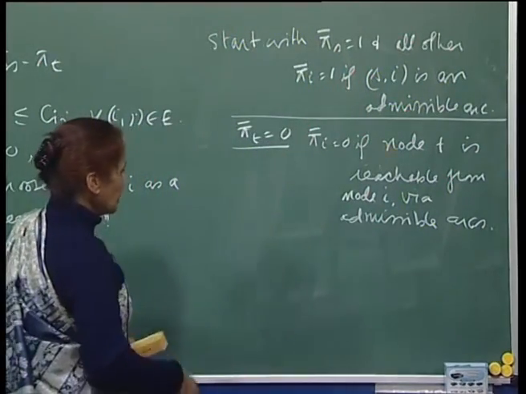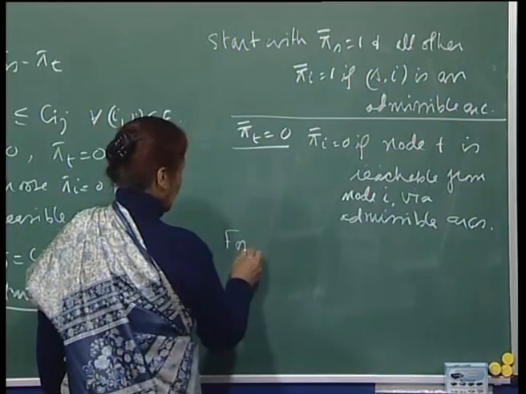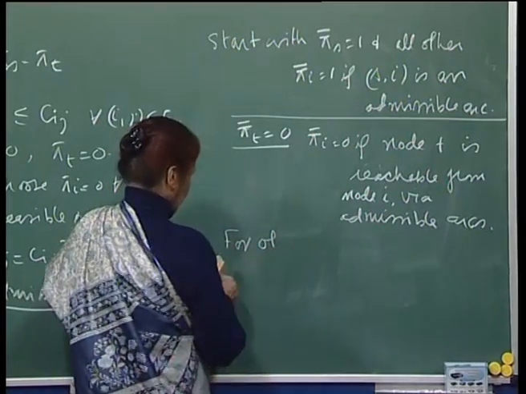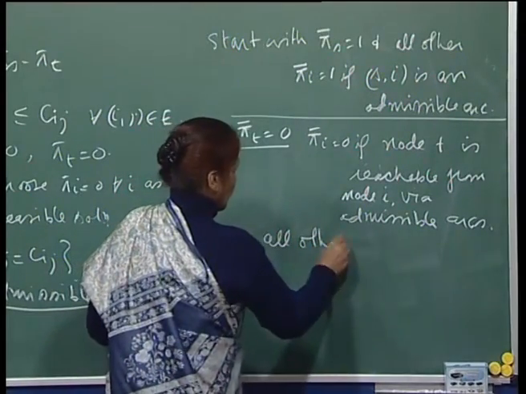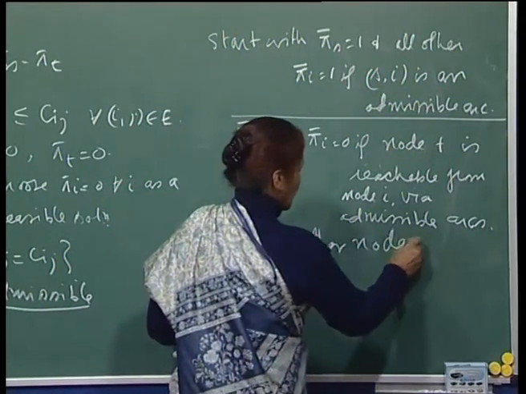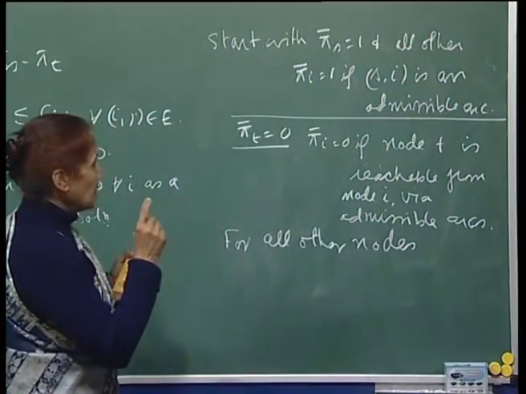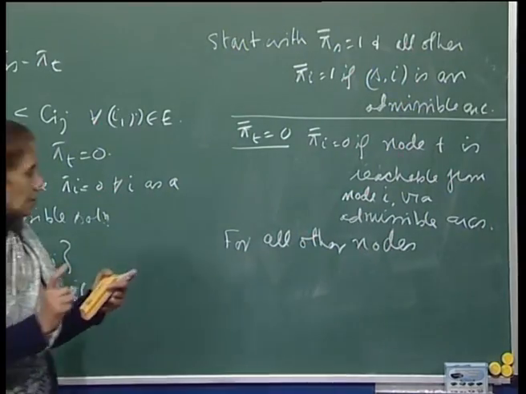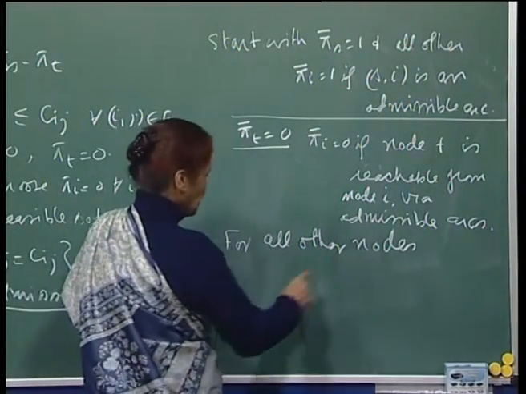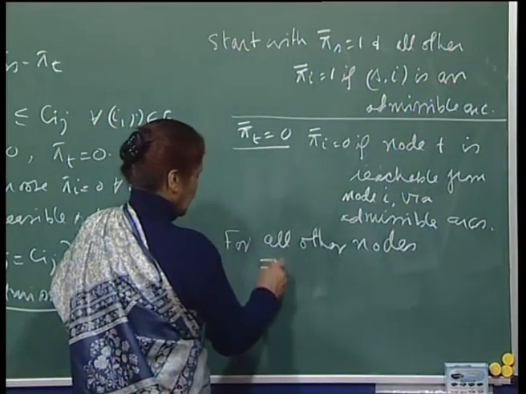So, these are the two things, and for all other nodes, that means nodes which are not reachable from S and from which T is not reachable, both the things. So, for all other nodes, pi bar I is equal to 1.